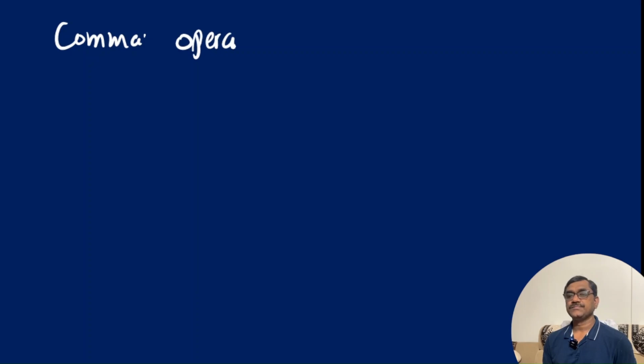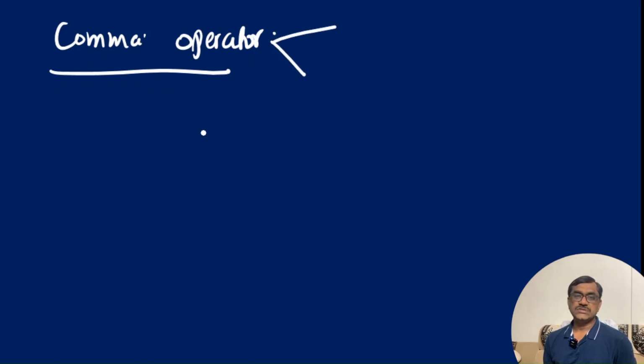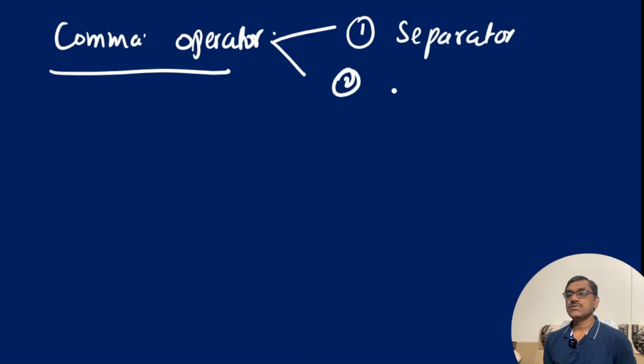Comma operator. Remember that the comma operator mainly works in two ways. It acts as a separator, and second, it also acts as an operator. It is acting as both separator as well as operator.